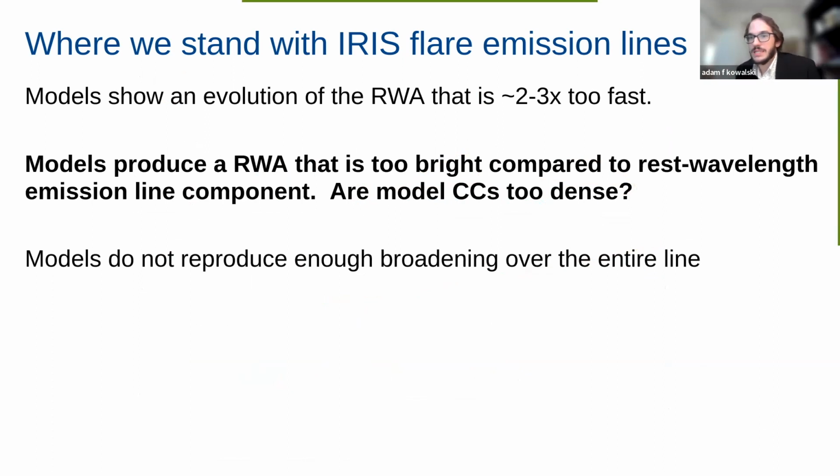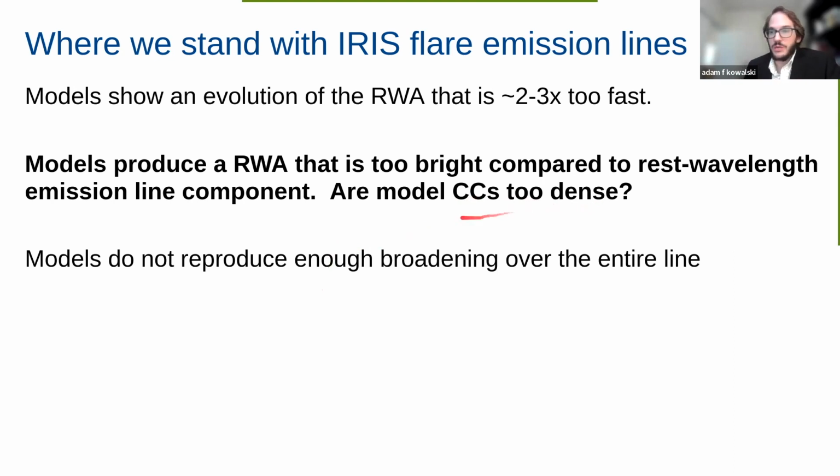The question we ask is, are the chromospheric condensations in our RADYN models too dense? For example, because the flows can only go in one direction, up or down, they're confined, and so you have an accretion of too much mass in too small a vertical area.